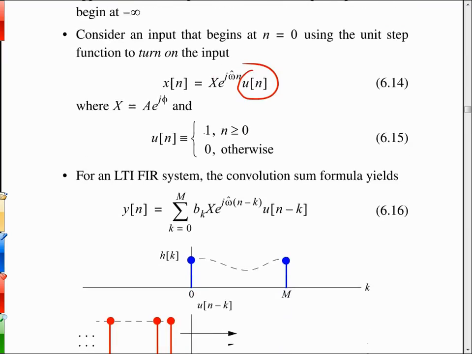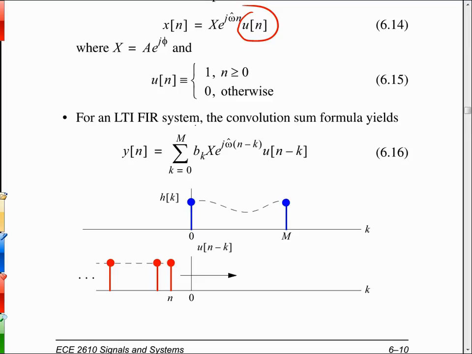So we can take that into the FIR filter equation, and so this becomes the composite x of n minus k inside the convolution sum formula. And when we take the unit step function in particular and write it as u of n minus k, remember on the k-axis, what would u of minus k be?